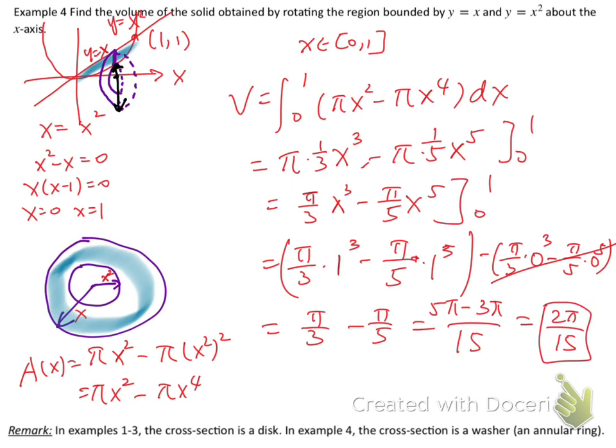And last, I'm having this remark to show you. Before this example, in examples 1 through 3, the region that we're rotating lies on the axis. So you end up with circles. You end up with the cross section, the chopped-off area. The cross sections are disks. But in this case, example 4, the region that you are rotating does not lie on the rotation axis.